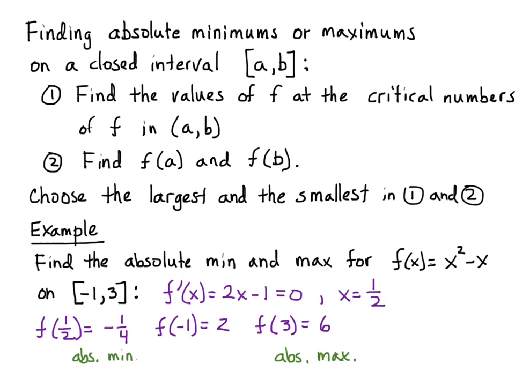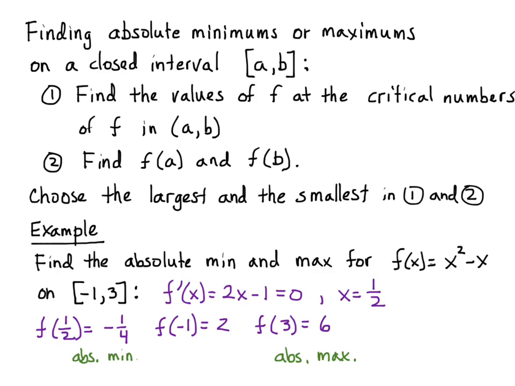So here's my 1/2. This is 1. And that's 0. So my absolute minimum is going to be negative 1/4. So if this is 1, let's say this is 1/4. So this point here is my absolute minimum at f at 1/2 equals negative 1/4.